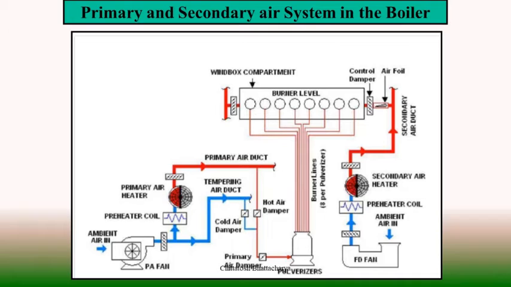But whatever may be, the secondary air is going inside the furnace. So primary air is carrying the coal or solid fuel, and secondary air is supplying the air required for complete combustion. So there are these 2 types of fans.